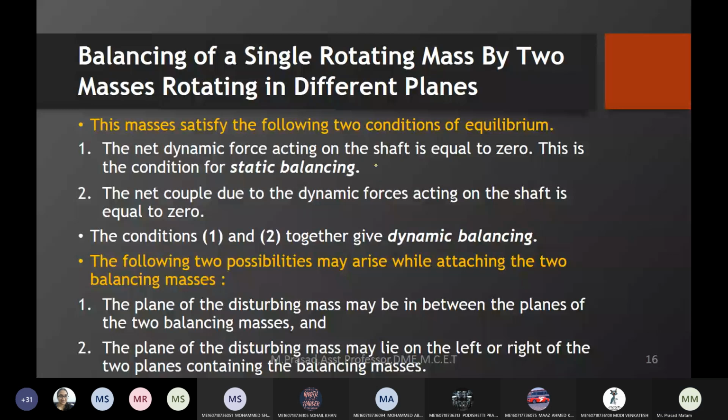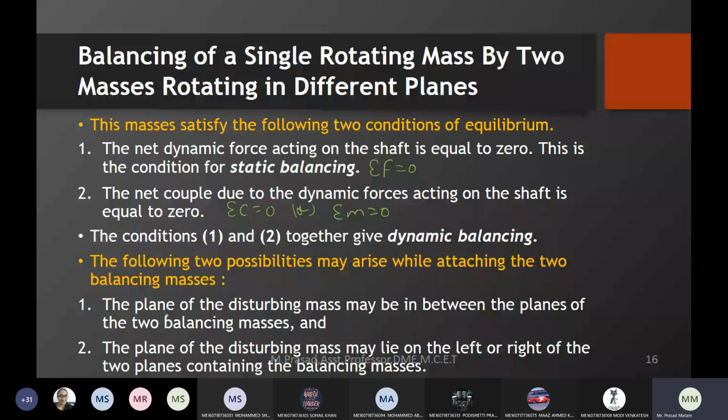First condition: the sum of all the forces should be equal to zero. Second condition: the sum of all the couples, or the sum of all the moments, should be equal to zero. If these two conditions are satisfied, my system is balanced. What possibilities may arise while attaching the two balancing masses?